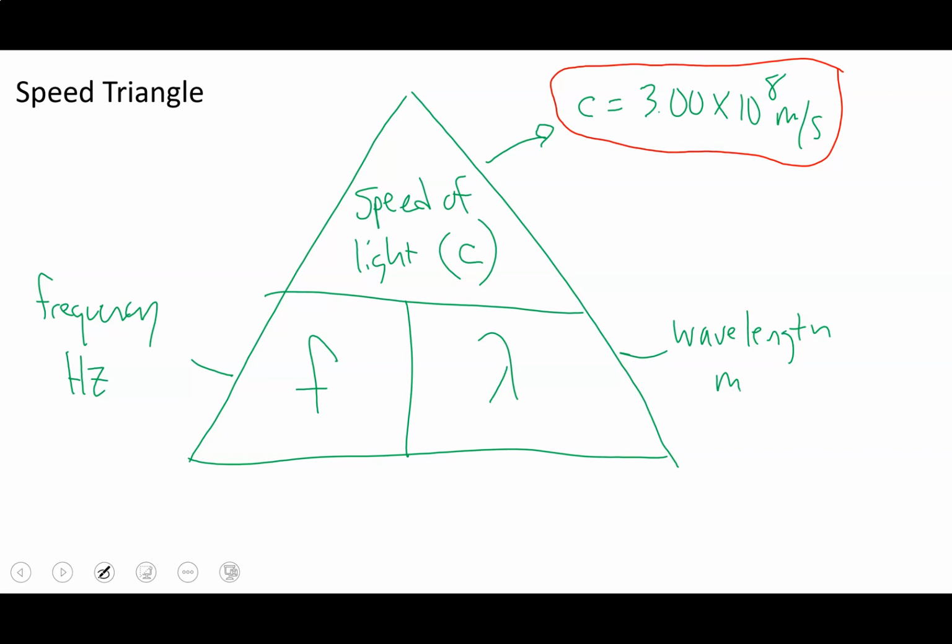Okay, and so that's the way we kind of set those things up, is looking at them in terms of wavelengths and frequencies. And we would again multiply this one, or we would divide when we're over it. Okay, and we can set up these triangles, and this one actually should look familiar because this is the same triangle that we used when we were talking about speed of sound. The only difference is that the speed of sound was not a constant. It changed, and so we had to accommodate for that change.